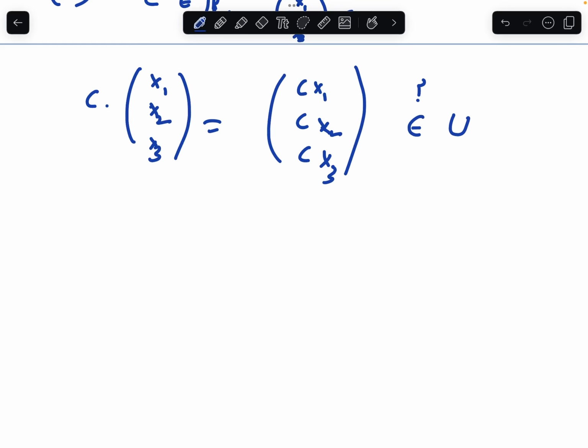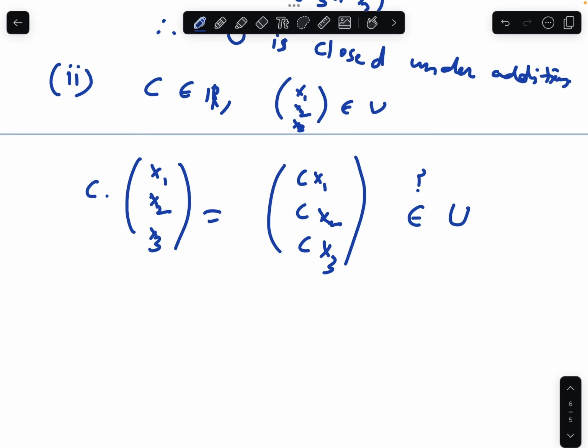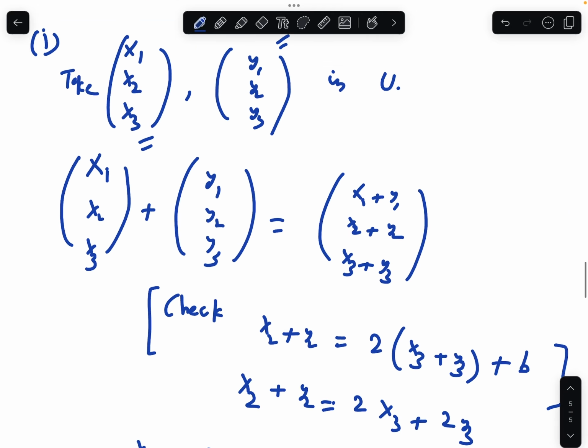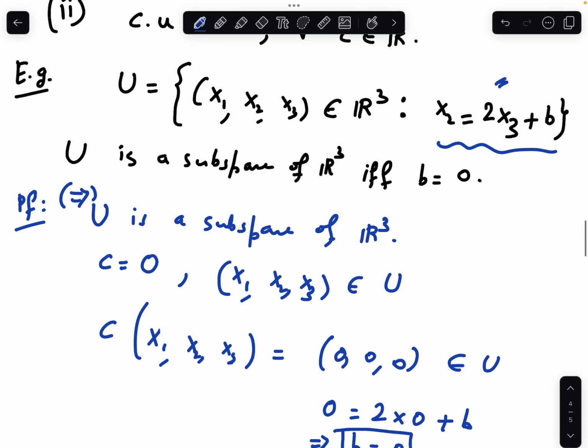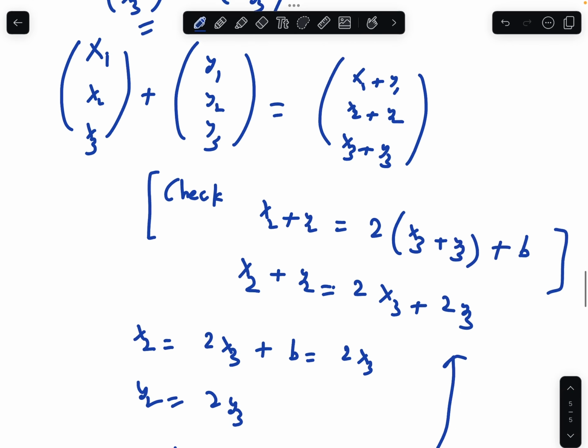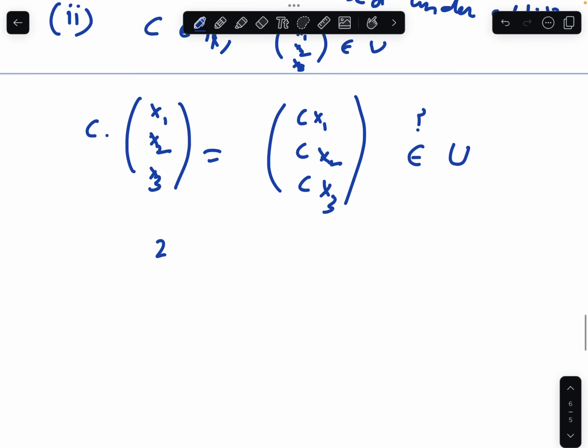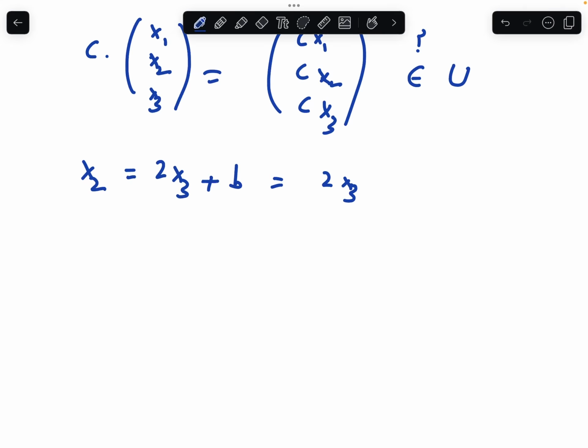So since x1, x2, x3 is inside U, we can say that this is the condition, that is 2 times x3 plus b should be equal to x2, but b is 0, so this is equal to 2x3. Now multiply both sides by c, so we get cx2 equal to 2cx3.